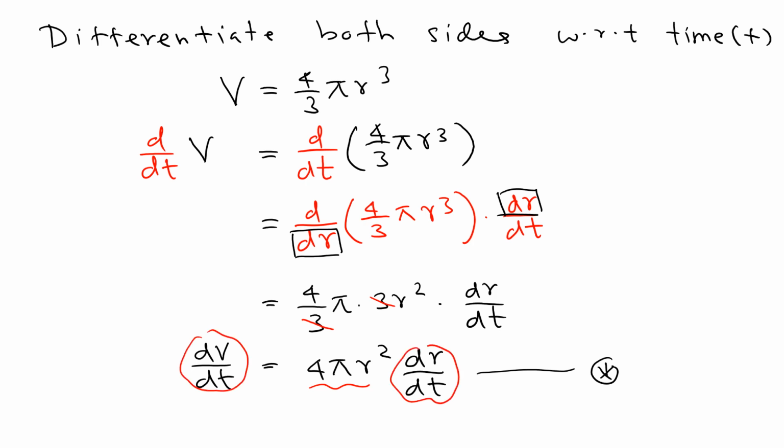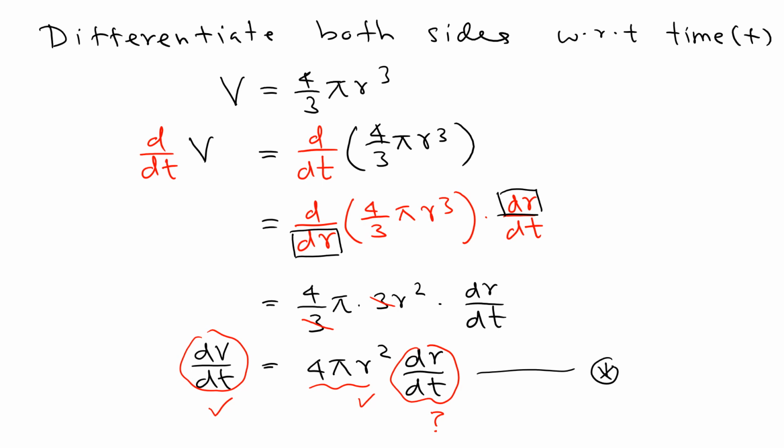This equation relates the two variables that we are looking for. Now we're going to use the given information, plug it in here, and find the unknown using the known. We are given dV over dt, so we know this one, and we also know the r. The only thing that we need to find is dr over dt. So this is very easy. We're going to plug in here and find that information.